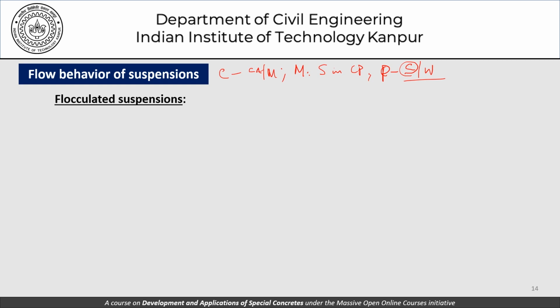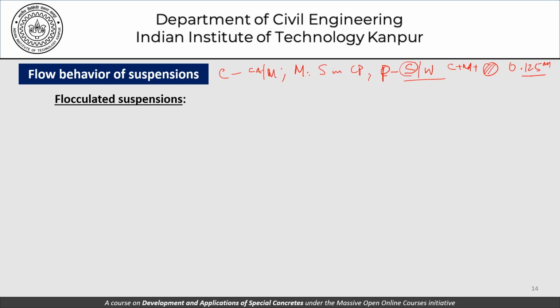So the cementitious part, which contributes to the hydration, is one part, and the powder part is cement plus mineral admixture plus any other material which is fines. And fines, you recall, we define as 0.125 mm and finer. All these fines would contribute to the paste as far as the workability characteristics or the deformation characteristics are concerned.